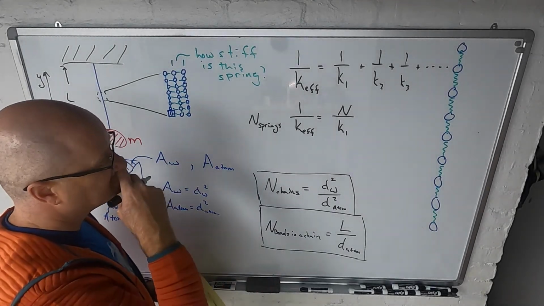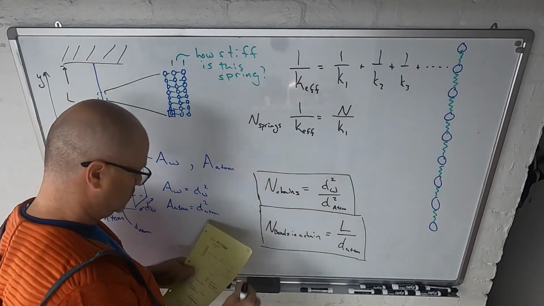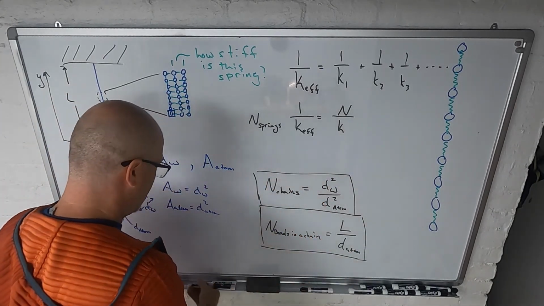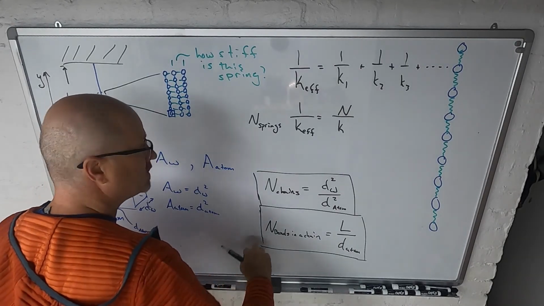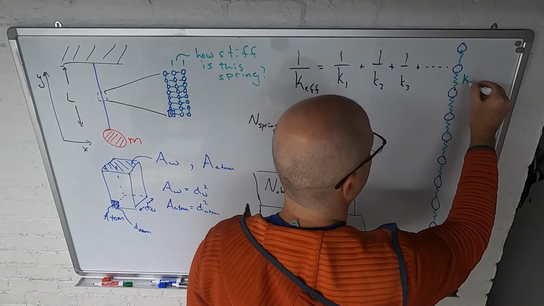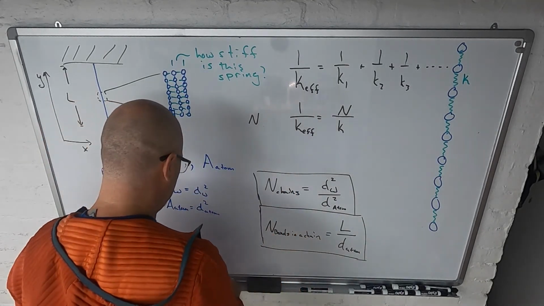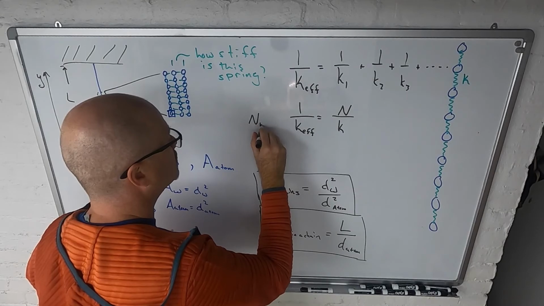Okay. So now I can just say that each one of these is K, and write on here that the value is K. This becomes the number of bonds.